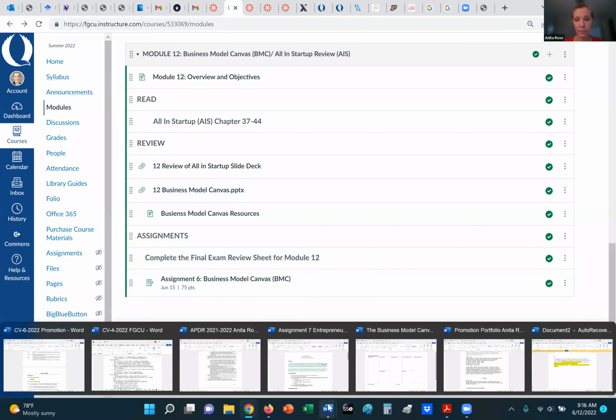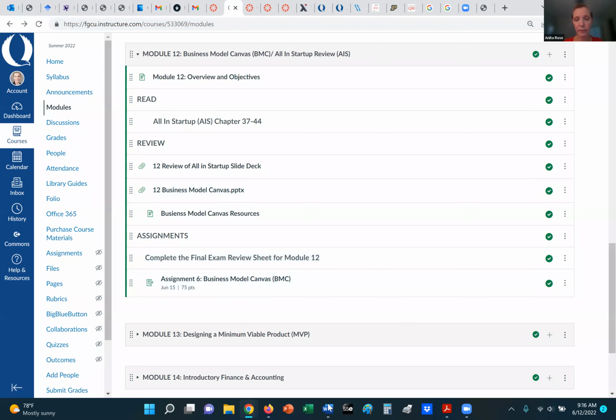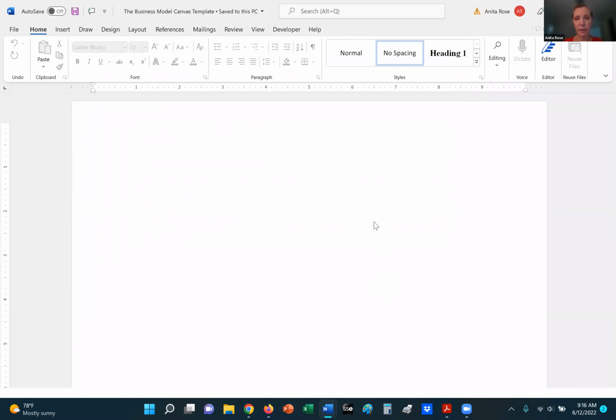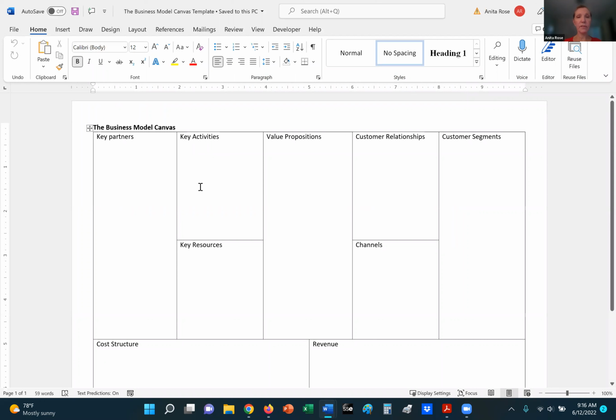So when we look at the business model canvas, we can see here that this is a Word doc, and we want to start with our value proposition, put in one value proposition, one thing that your business can do to provide value to this one customer segment.